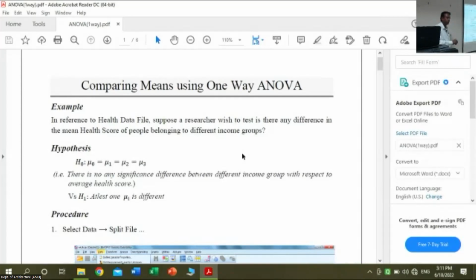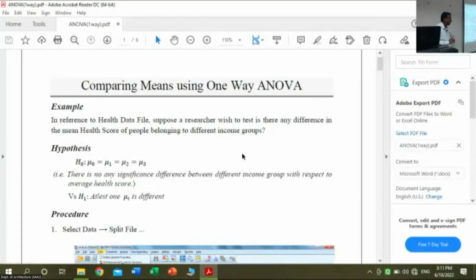If there are only two groups, the t-test can be used easily to compare the means of the two populations. I told you yesterday, here we observe some difference in the mean, and we want to check whether this difference also exists in the population or not. So we want to check the significance of the difference in the population, not only in the sample.